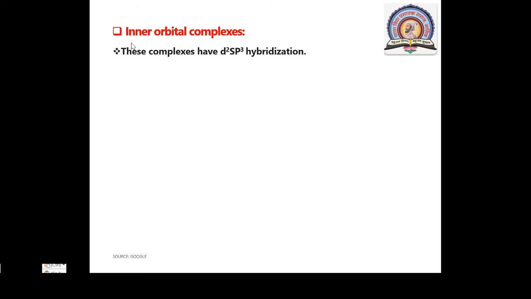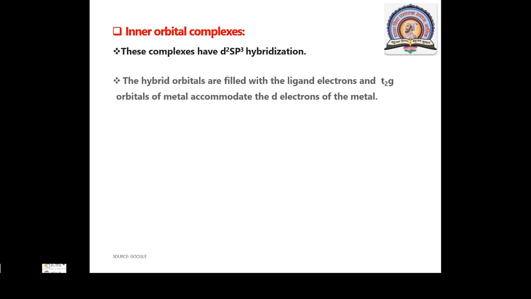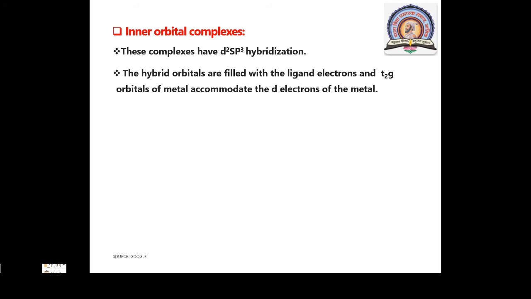As the name indicates, inner orbital complexes. So in d2sp3, d2 is on the inner side, so it is called an inner orbital complex. The hybrid orbitals are filled with ligand electrons, and the T2g orbitals of the metal accommodate the d electrons of the metal. What happens in case of d2sp3 hybridization?